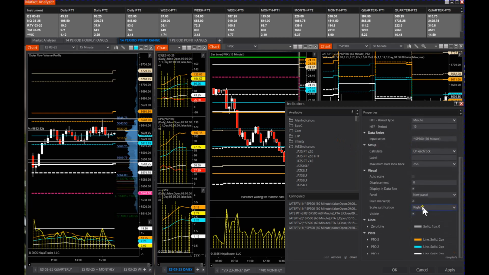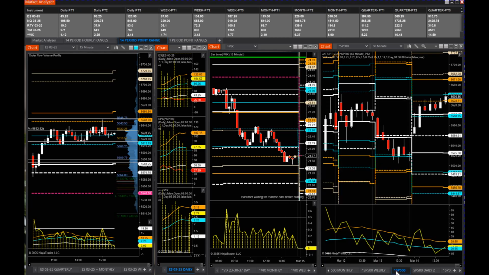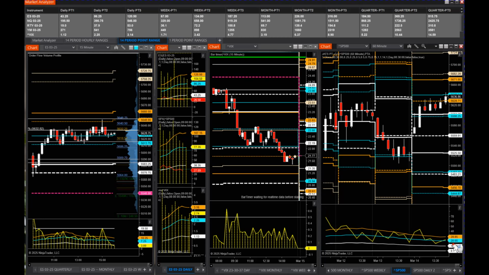You can just lay it right on top, same panel as the others. Because it's the same thresholds and everything, it'll just give you the 1 hour IB range as well.